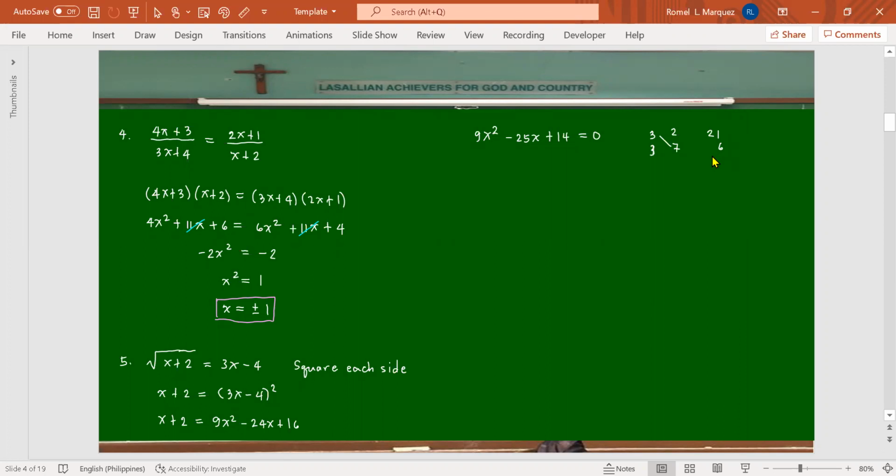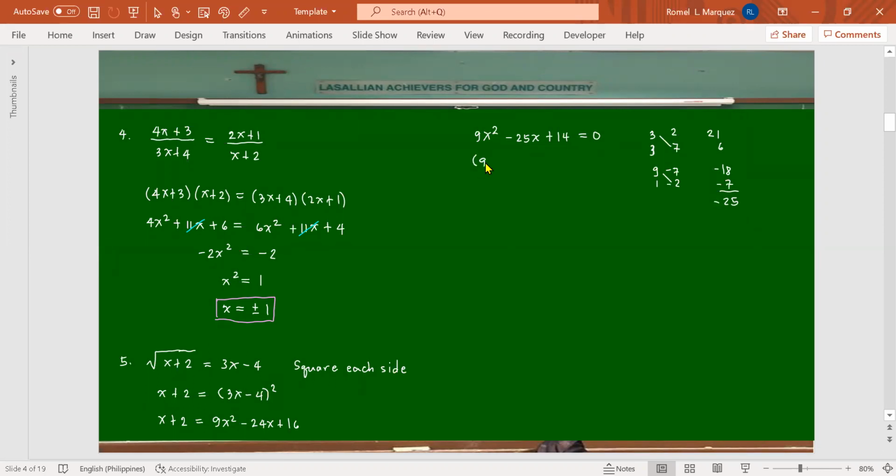Am I correct, guys? Will it be 25? No. What are the other possible factors? What about 9, 1, and then 7, 2? 14. Let me just check this. 18, 7. Will I get 25? Yes, I think, no? So both must be negative. So that I will get negative 25.